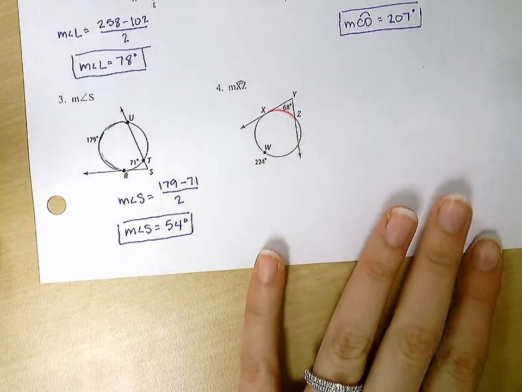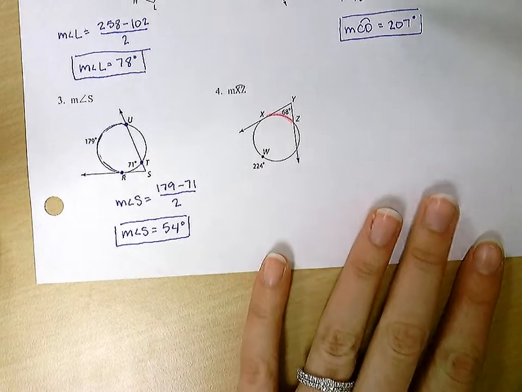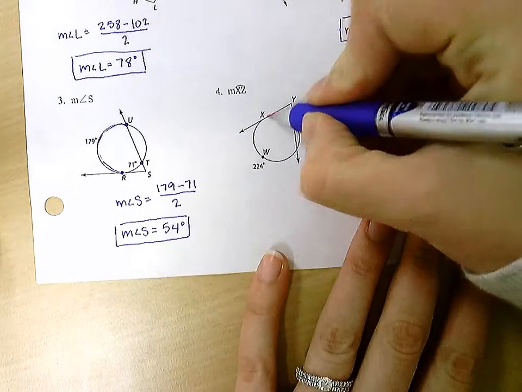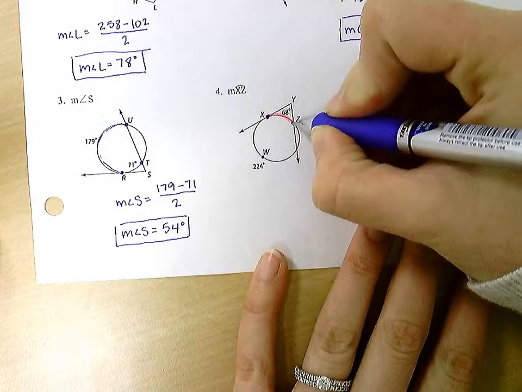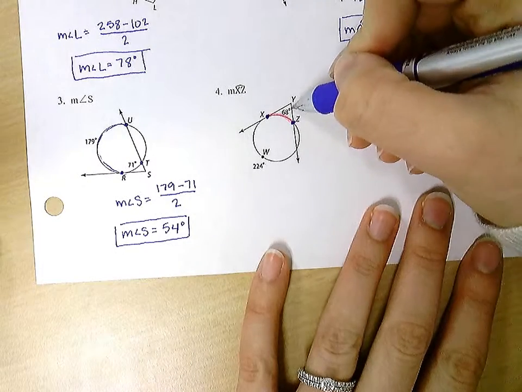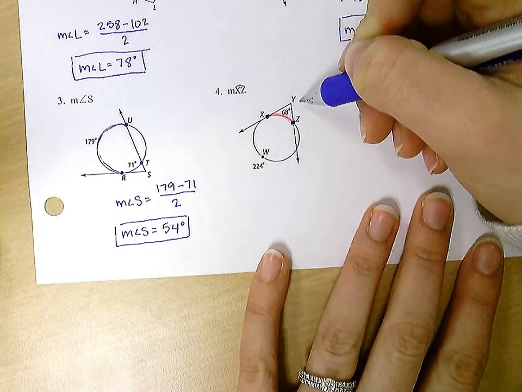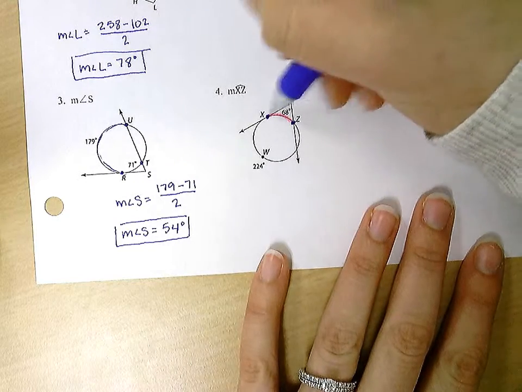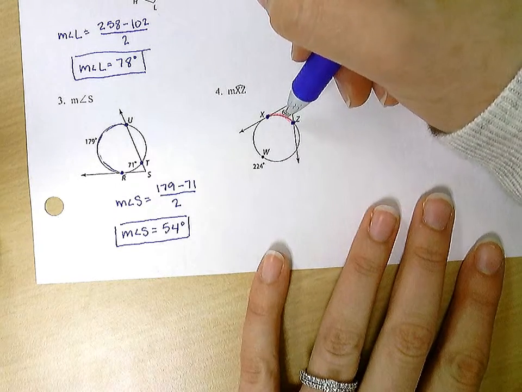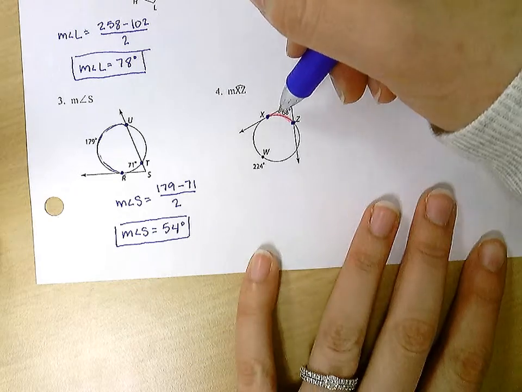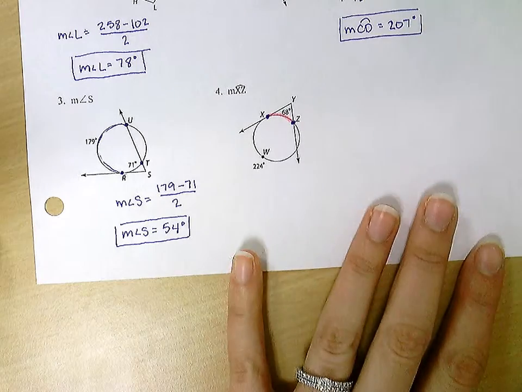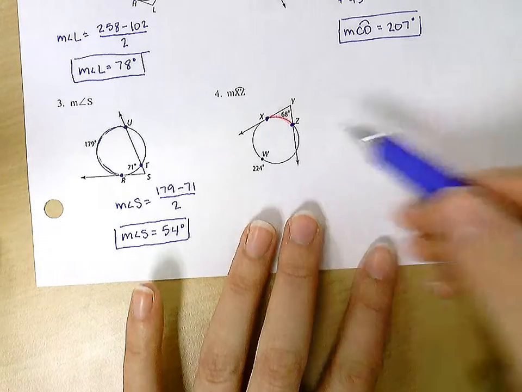Okay, number 4, this one you're looking for the measure of arc XZ. That's what I highlighted right here. So from point X to point Z. This 68 is the measure of angle Y. Okay, it's not XZ, because you're looking for arc XZ. Okay, so again, I'm just going to use my formula.